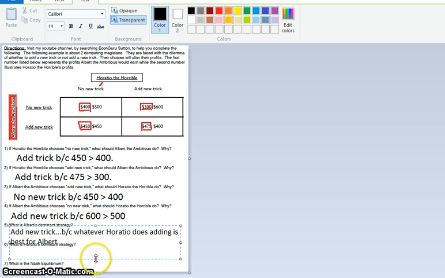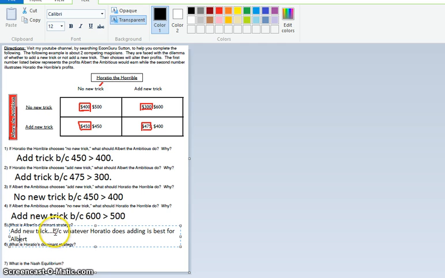So no matter what Horatio does, Alberto should always choose add new trick, because he ends up with the best outcome by always choosing to add the trick. So for Alberto, he has a dominant strategy of adding the new trick.